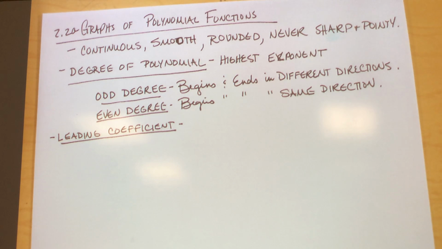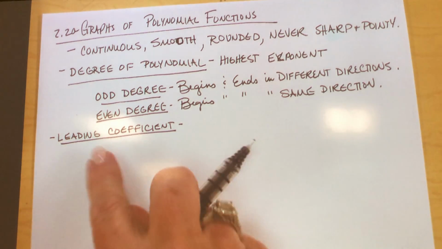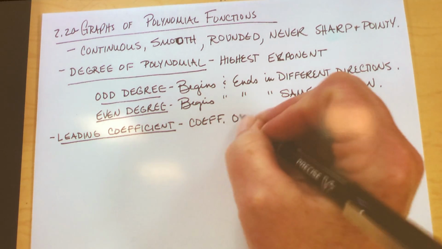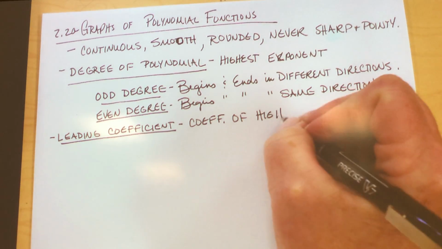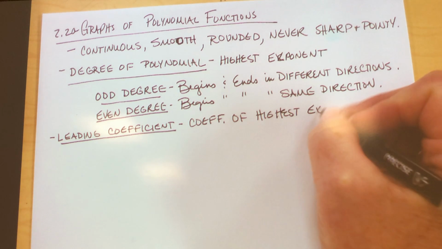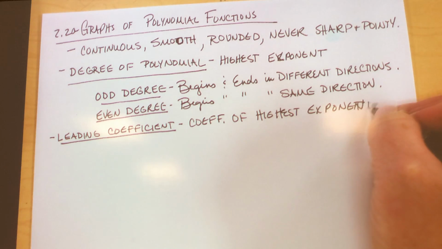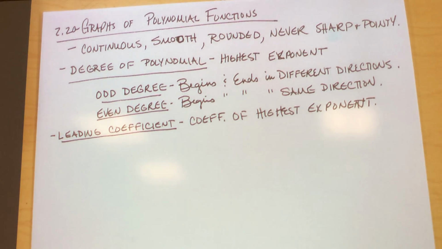I'm calling it a leading coefficient because if your polynomial is in standard form, then he will be the leader. Do they have to write it in standard form? No, they don't, so just know that the leading coefficient is the coefficient of the highest exponent.